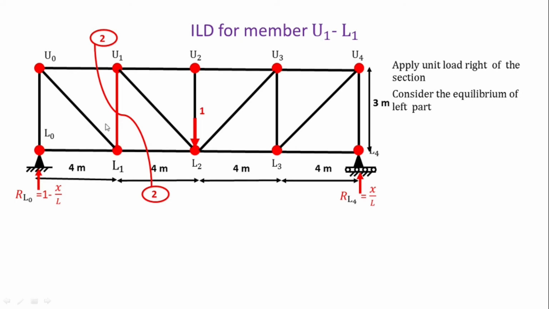Now again here we have to assume the direction of the U1 L1 force, but it is on the left hand side of the section, not the right hand side. So again in this way, below the section line, here only consider this part.